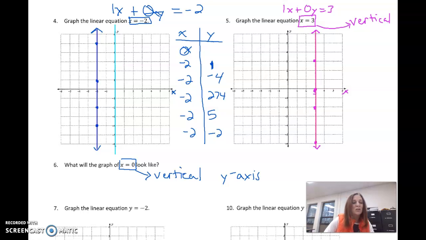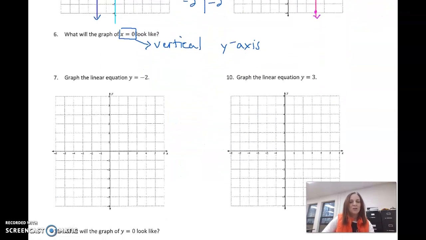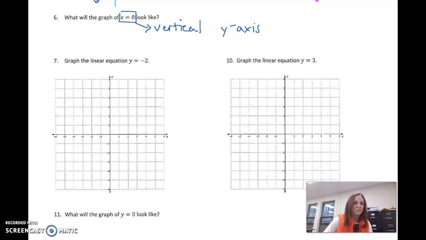Okay, so if x equals a number is a vertical line, what do you think y equals a number is going to be? When we look at y equals -2, remember that's like saying 0 times x plus 1 times y equals -2.